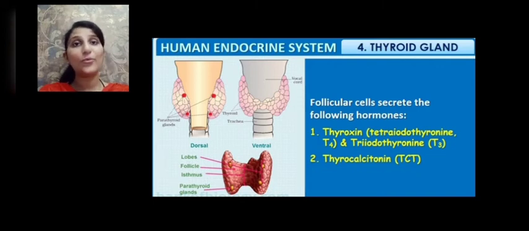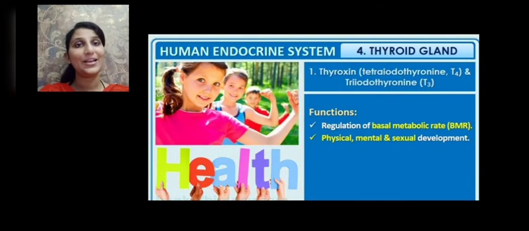So the main hormones are T4, otherwise called thyroxine or tetraiodothyronine, T3 or triiodothyronine, and thyrocalcitonin or TCT. So let's learn the function of first T4 and T3. The functions are: it regulates the basal metabolic rate of our body, that is BMR.